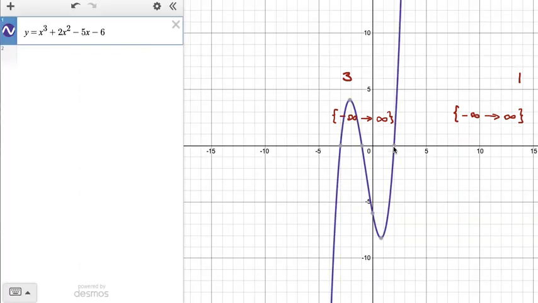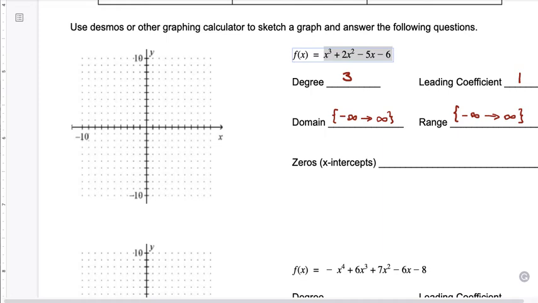And all we're looking at here are these three x-intercepts at -3, -1, and 2. So those are the x-intercepts we found from that graph. All right, so that's one there.